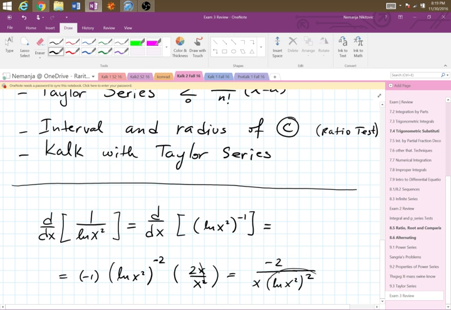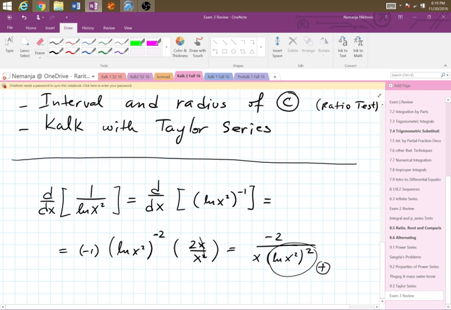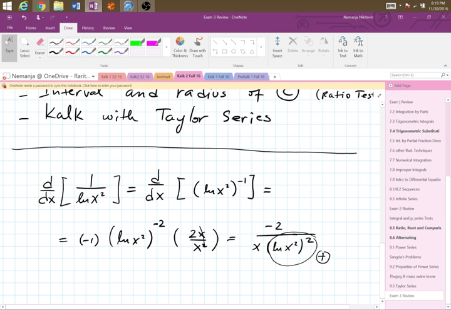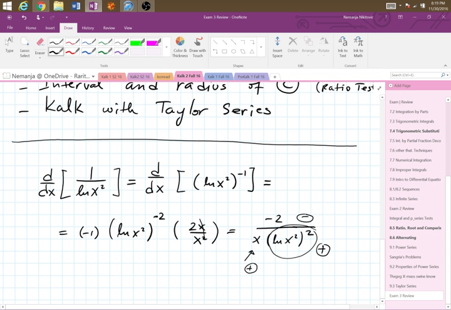So this piece is always positive. I'm doing that analysis for the integral test, for decreasing. This number is always negative. And this x is also always positive because you are dealing with values 1 and on. Your domain is 1 and on because ln x of 0 doesn't work.